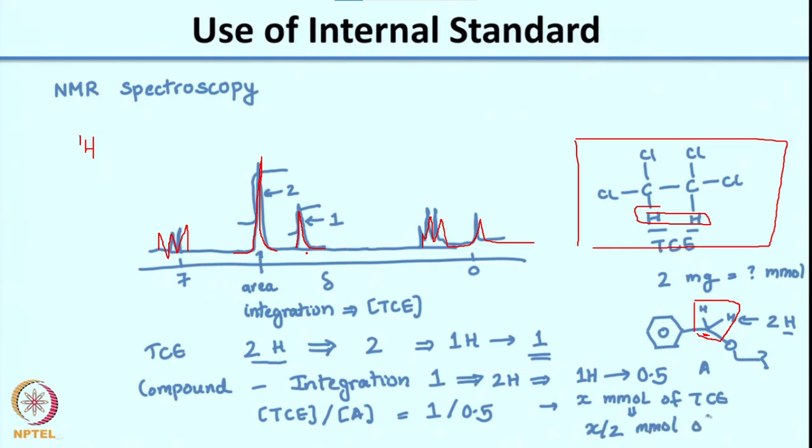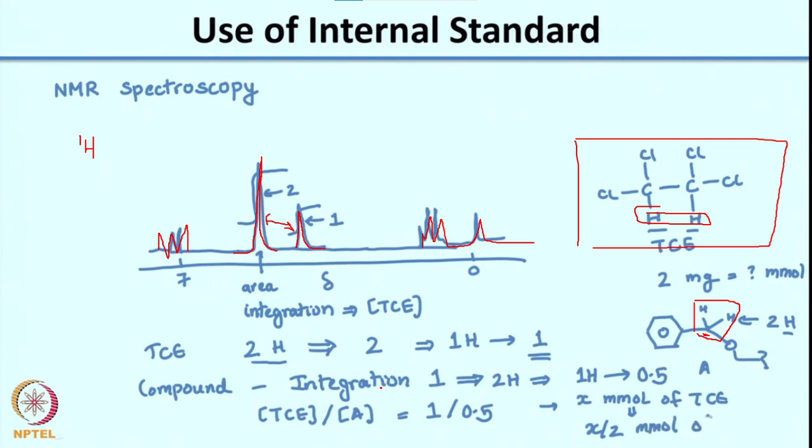So we can compare now this proton with this one. Sorry, this one. So we can say 2 protons is equal to 2, which is showing 1 proton, right? If we are talking about the integration here, it is giving 1, but we know that we have 2 protons, correct? By our structure.